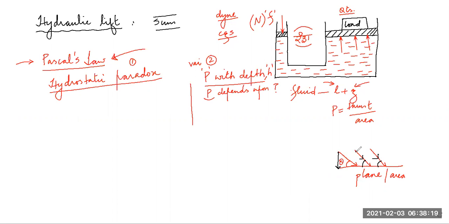So let's say the resultant of all these forces is F. So F sine theta, remember students, F sine theta will be the thrust, whereas F is the force. If I had written force by area, then the pressure would have been F by A, let's say this area is A, and that would have been wrong. Pressure is always thrust by area, and that thrust must be perpendicular to the surface. It's very, very important.